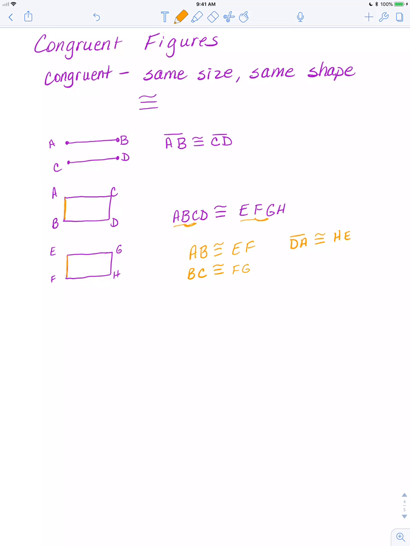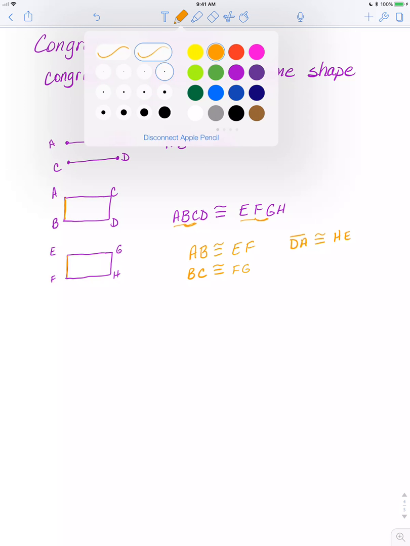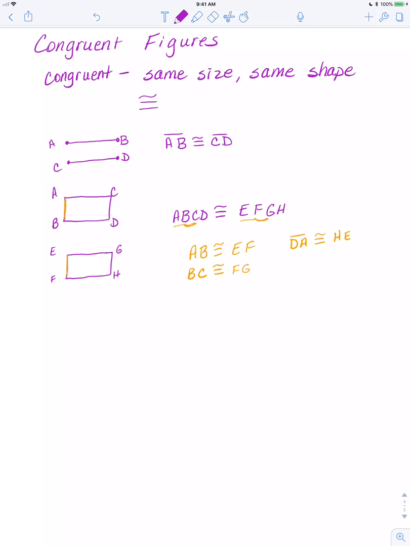So if I wanted to say the angle of something, let's not draw a rectangle on that. Let's draw some kind of different triangle, and we'll see if we can get these to look somewhat alike.